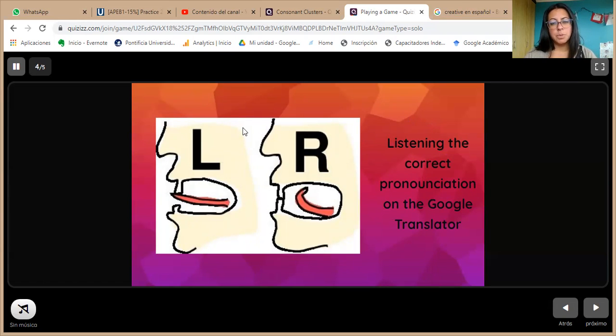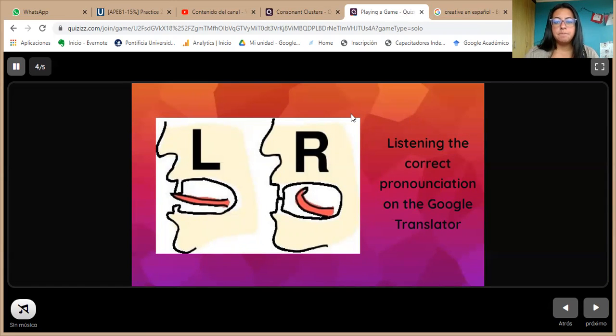But then when I was practicing, I saw that it is good to have this other reference, the L, because you do the exercise, right? Like the L with the tongue in the teeth, and then the R, L, R, and it shows you the different positions. So it helps you to be more conscious about it.